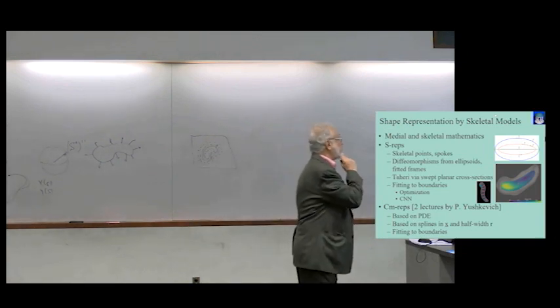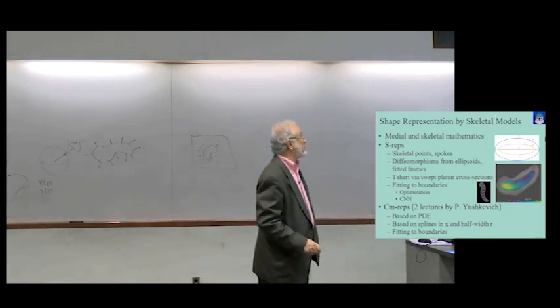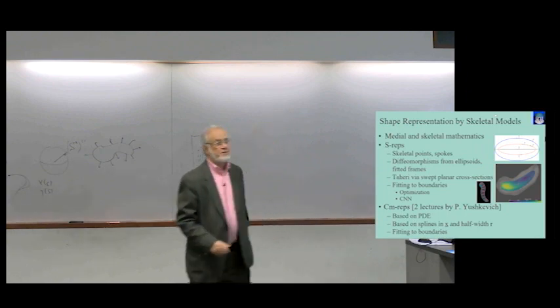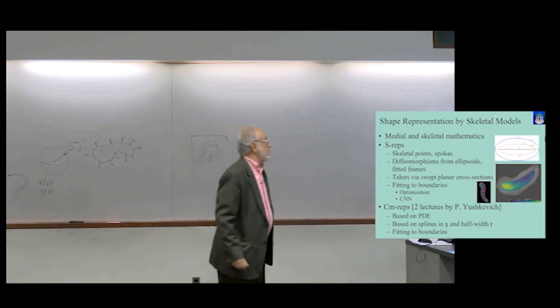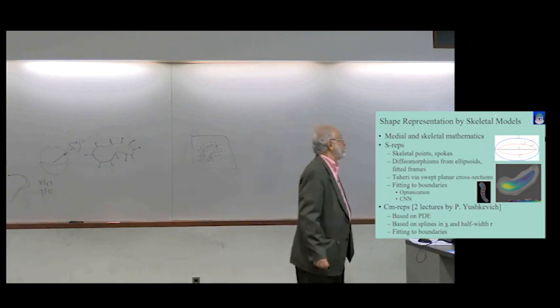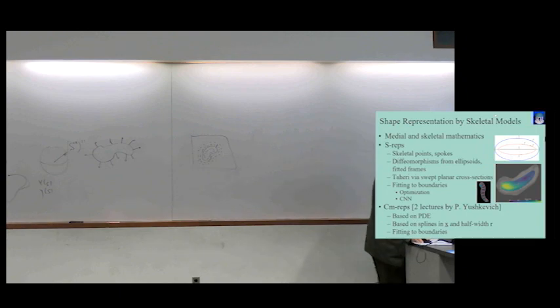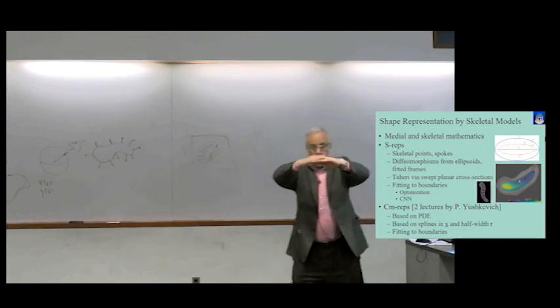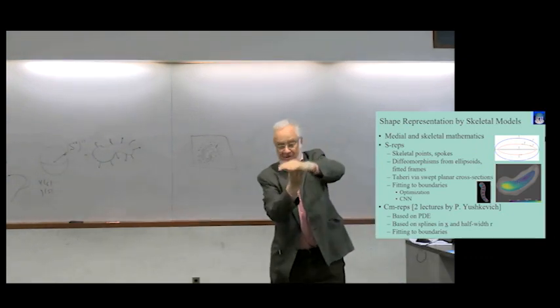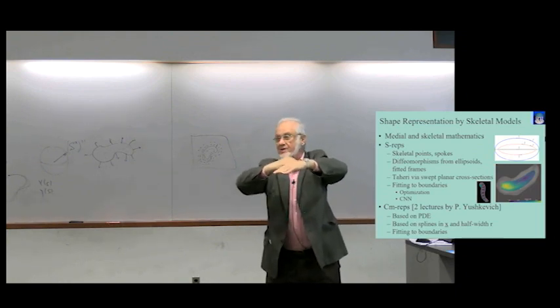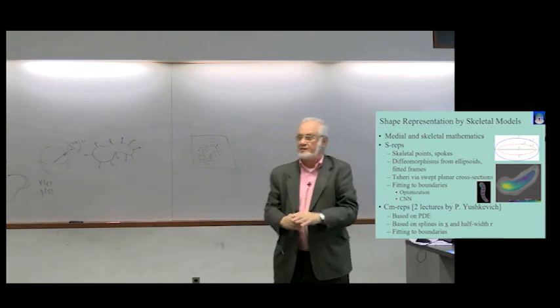The representation that I defined is called s-reps, and at every position it involves a skeleton, which is a collapsed version of the object. Think of my hand, you collapse from this side inwards, collapse from this side upwards into the object, and you come to something in the middle that is the skeleton.